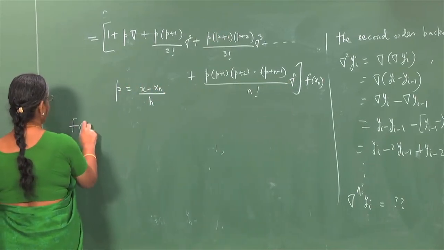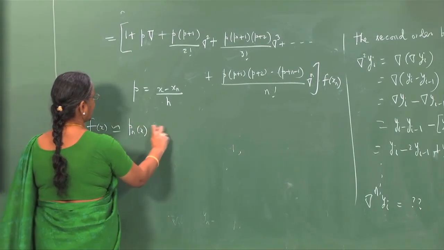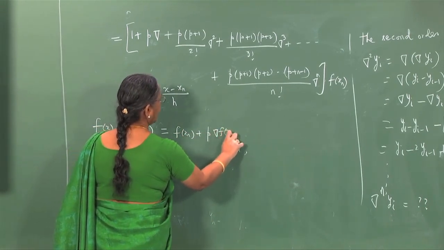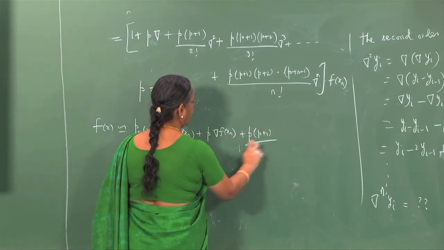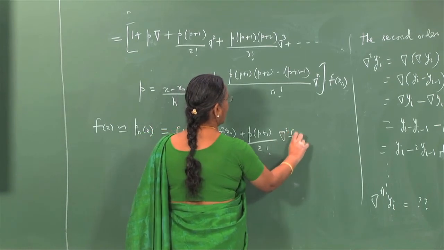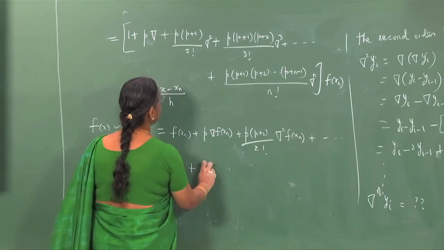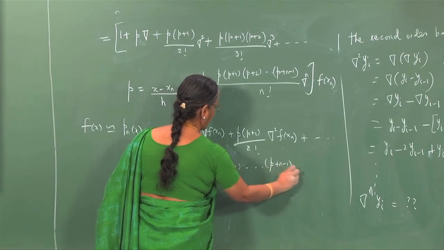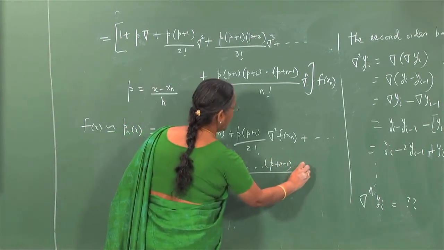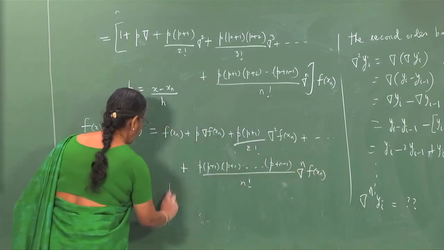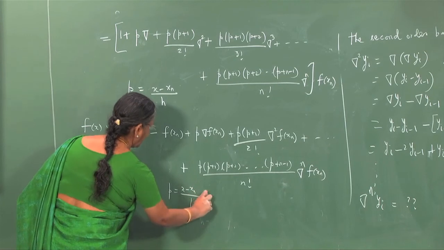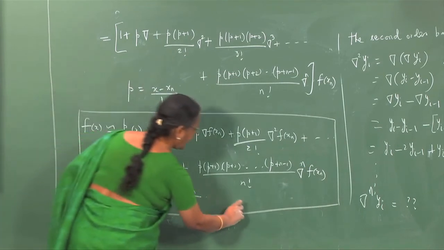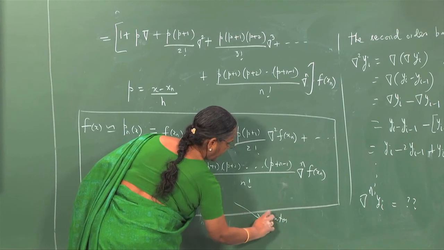So, f of x is approximated by Pn of x, and that is f of xn plus p delta f of xn plus p into p plus 1 by factorial 2 into del square f of xn plus etc. plus p plus 1, p plus 2 etc. p plus n minus 1 by factorial n into del to the n of f of xn, where p is x minus xn divided by h, and this is called Newton-Gregory backward interpolation polynomial.